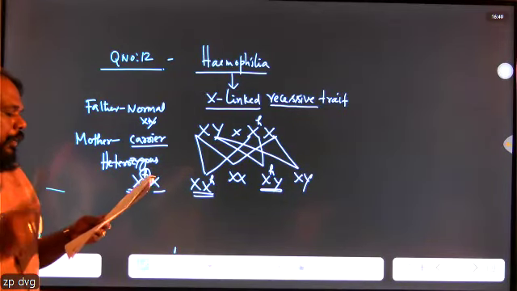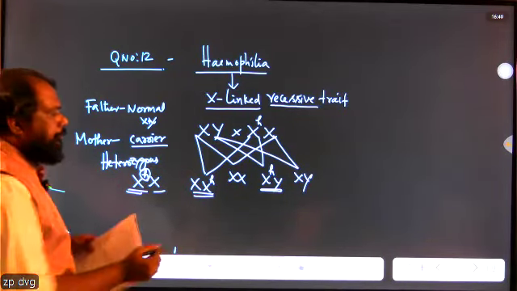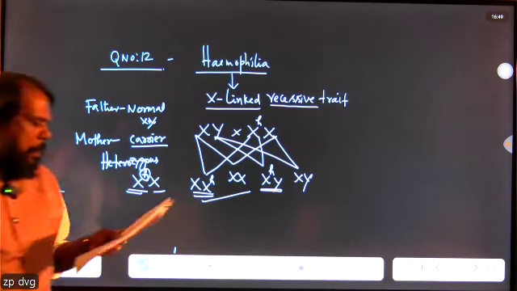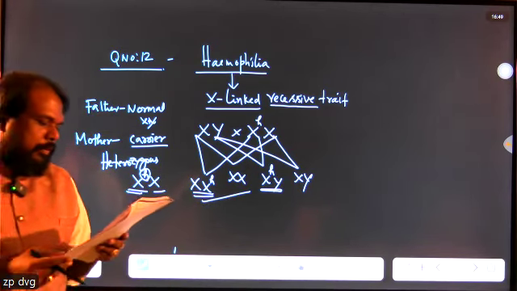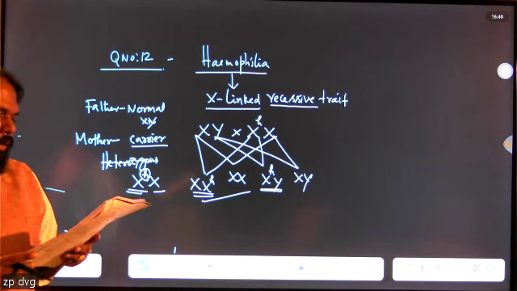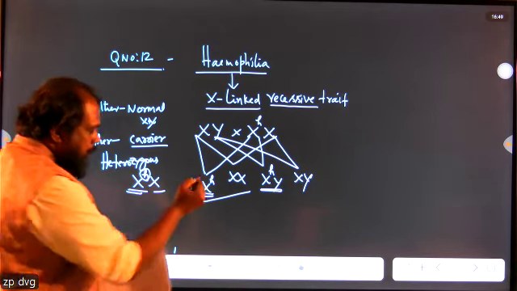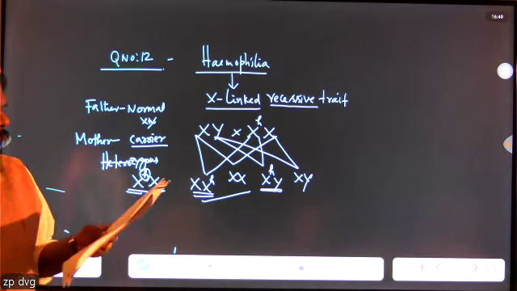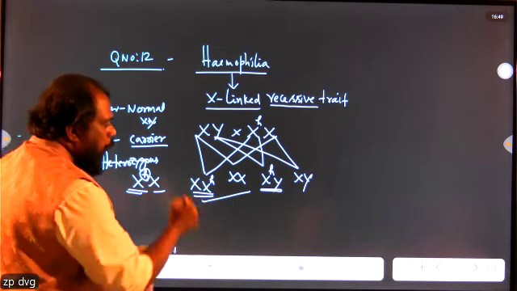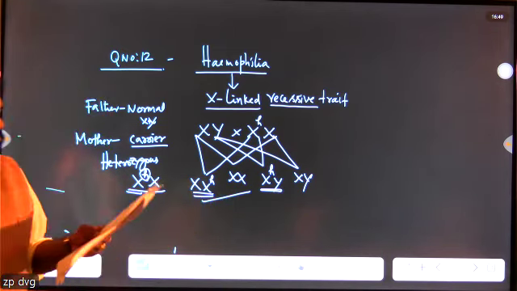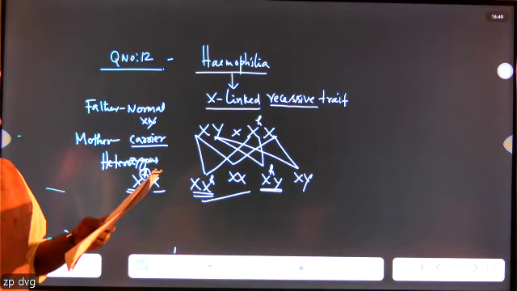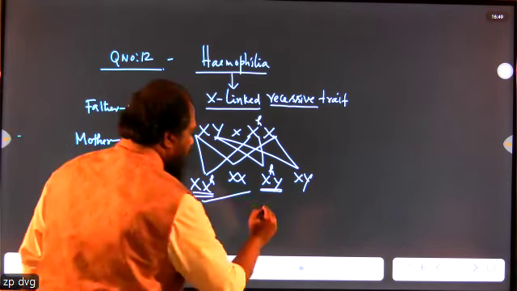First option, all the female offspring will be normal. No, not all normal. One is carrier. All female will be carrier. No, only one is carrier. All male offspring has 50% chance of active disease, correct. Look at this.